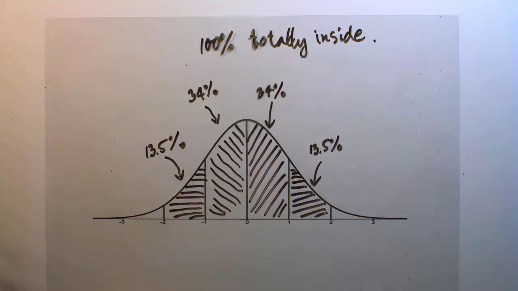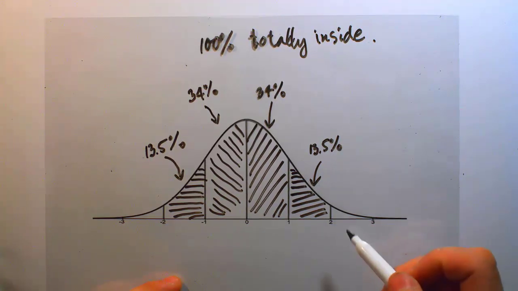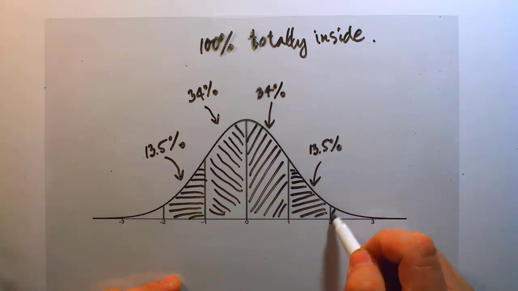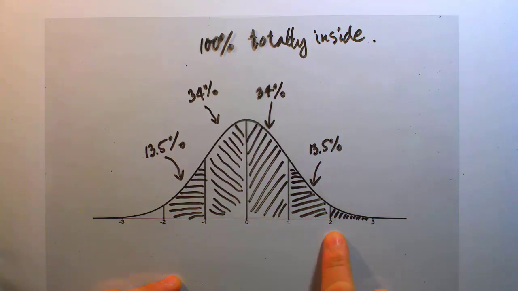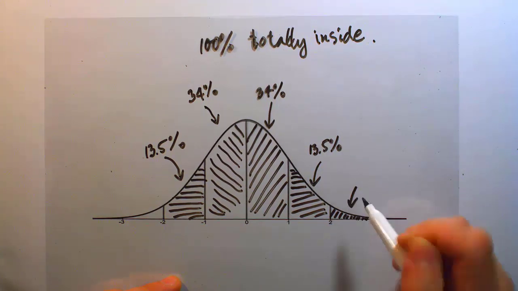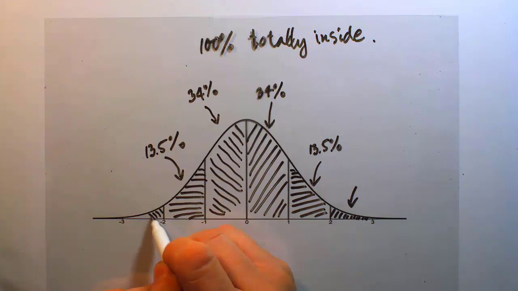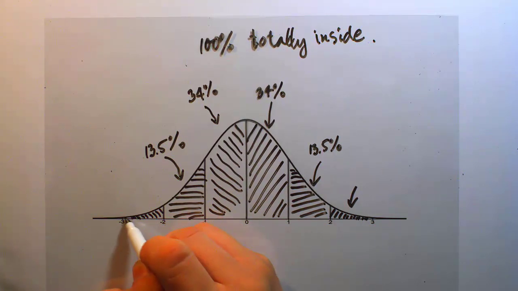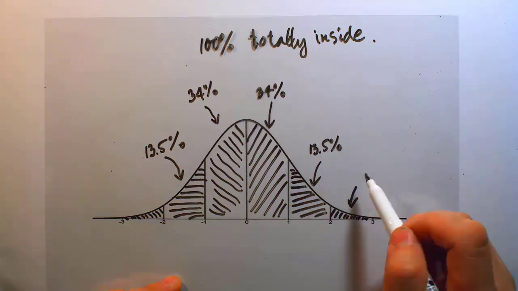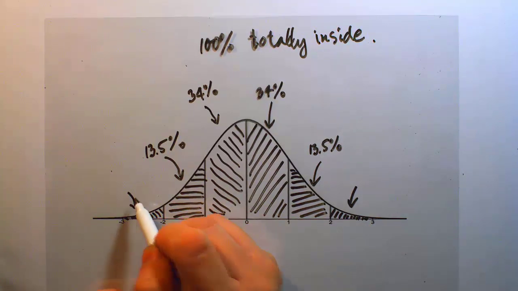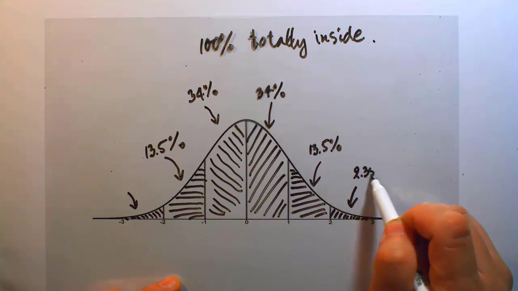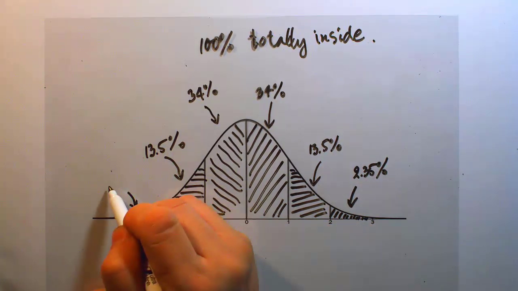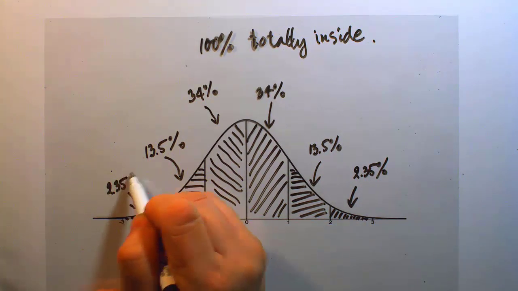And so we further found that this little area between 2 standard deviations and 3 standard deviations above mean, and also an equivalent version on the exact opposite side, each of those takes only 2.35%. So there's another 2.35% here.